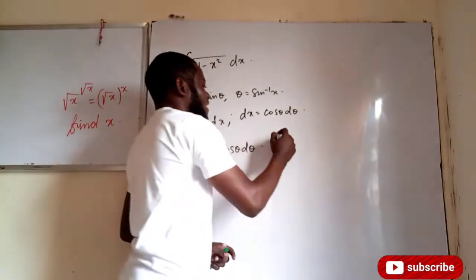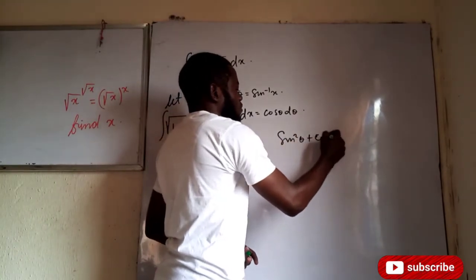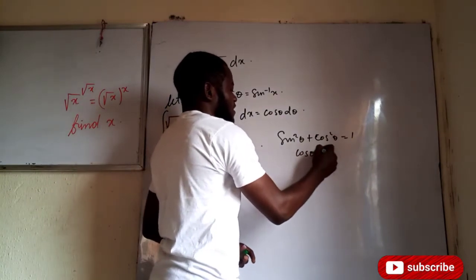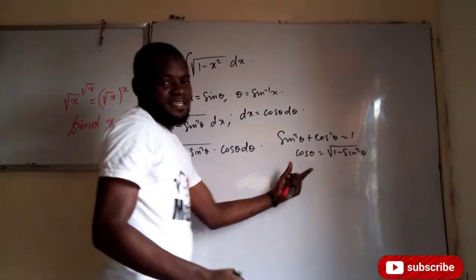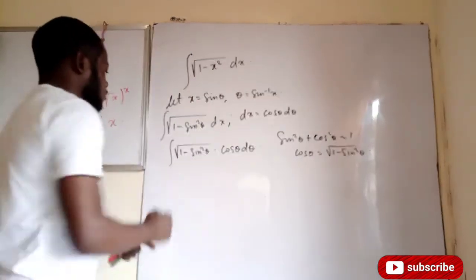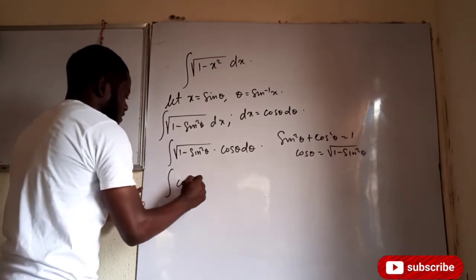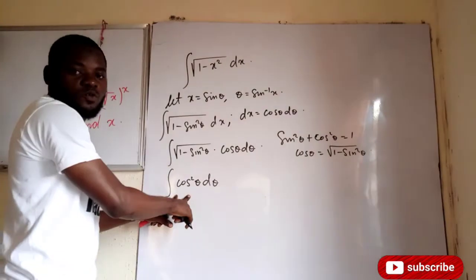If you can recall, sine squared theta plus cos squared theta equals 1. So you see that cos theta is the square root of 1 minus sine squared theta. So this will become the integral of cos squared theta d theta, since cos theta times cos theta gives us cos squared theta.